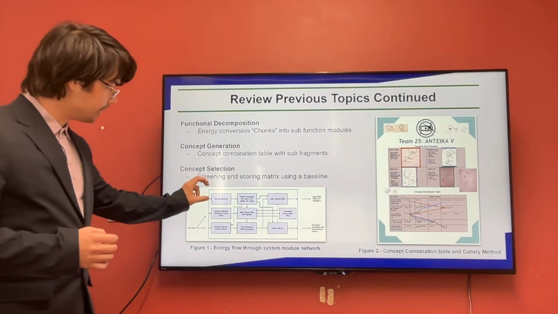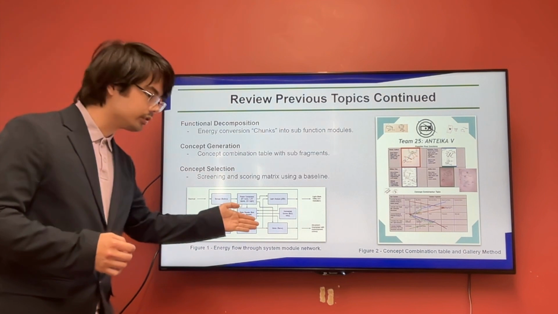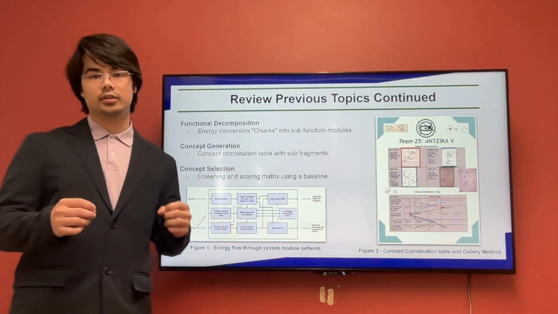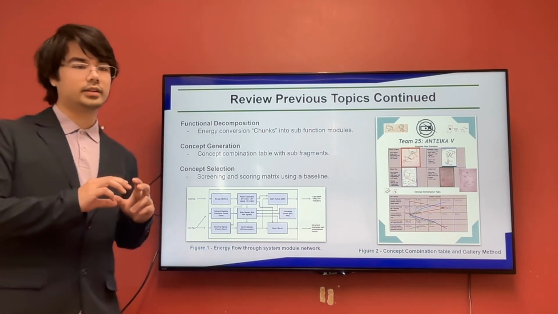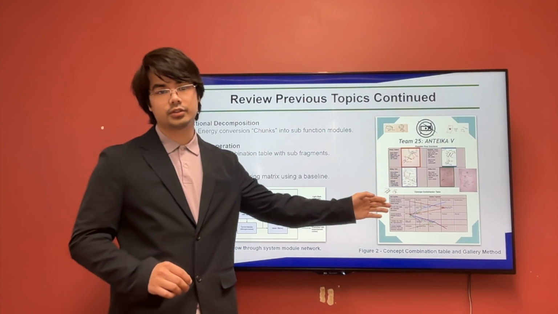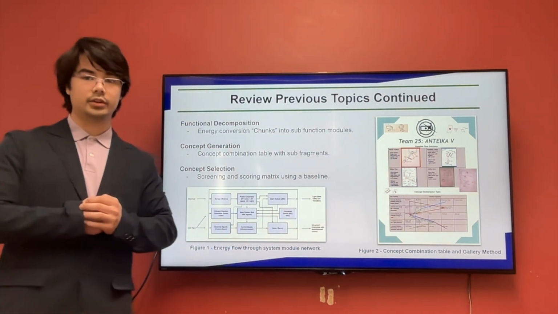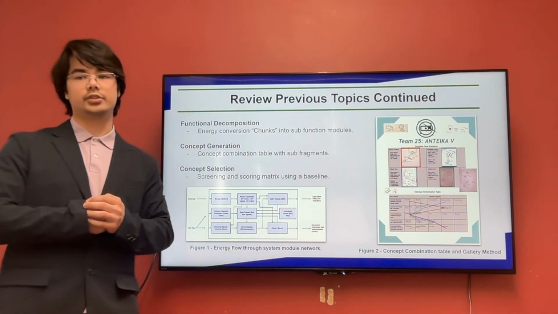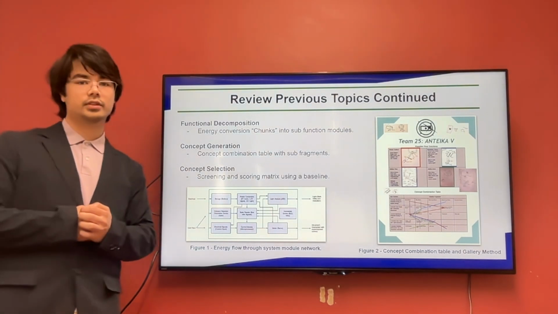So we'll have a battery, light modules, a BLE, a gyro sensor, and motors, and these can all be decomposed into their sub-fragments and sub-solutions that we can then use for concept combination through our table here, which we can present to other people through peer review to get a better idea of where we should head in this project. And one way we do that is with concept selection.